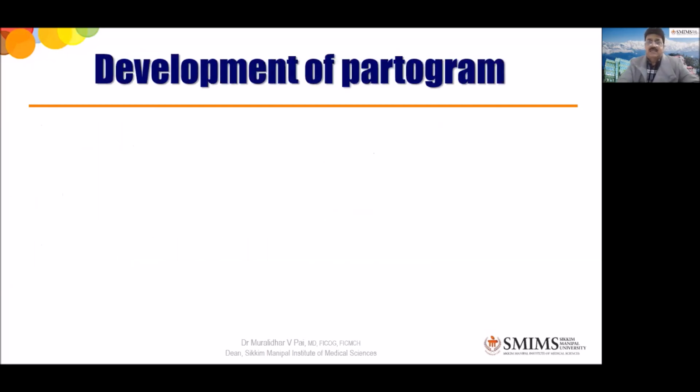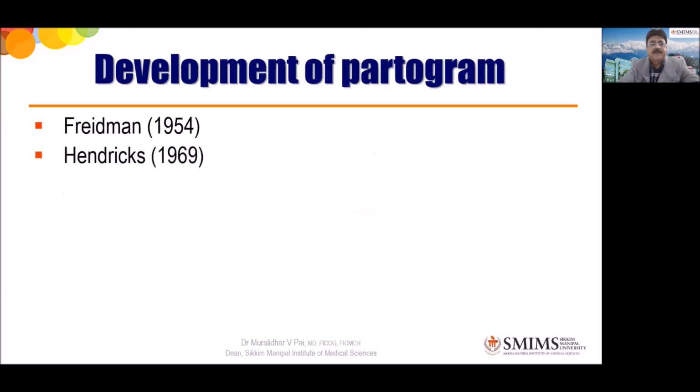That is the partogram. Let's go a little bit into the history of it. The development of the partogram: Friedman was the first person who did enormous work as early as 1954. We all know Friedman's curve. I'm going to briefly talk about that in the next slide.